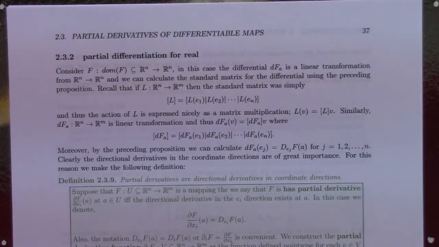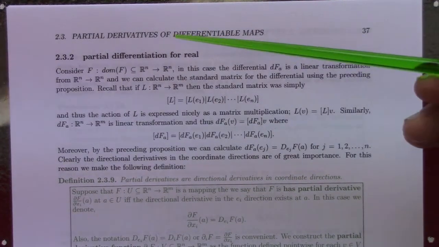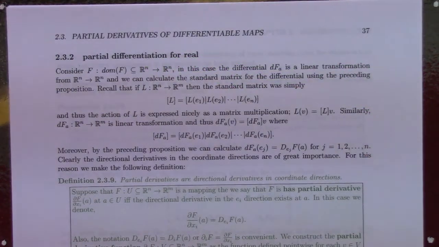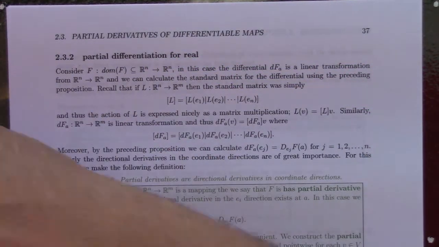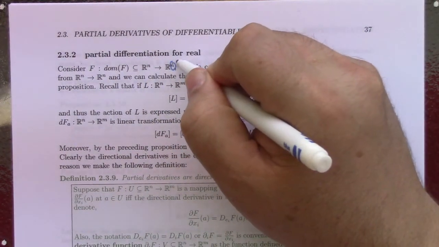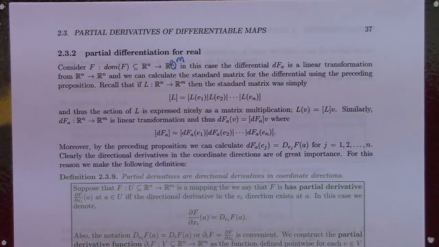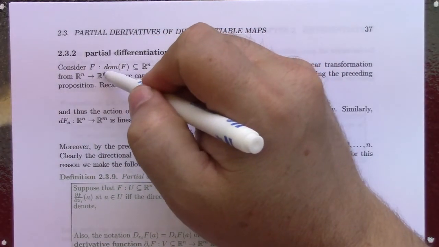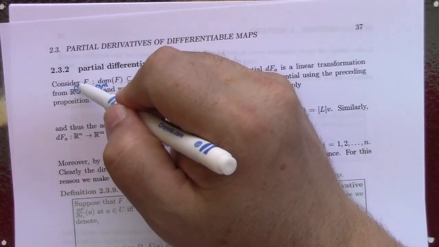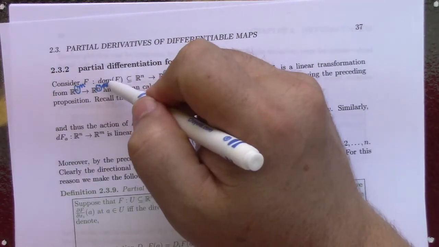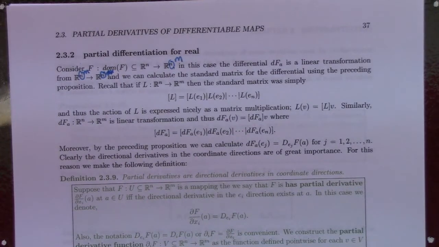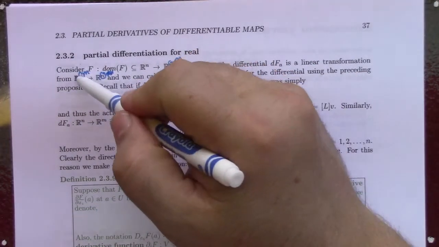So at this point, I stop talking about normed linear spaces for the most part. I just start talking about functions from Rn to Rm. That's supposed to be an M, my apologies, and the domain is supposed to be N. Let's try that again.